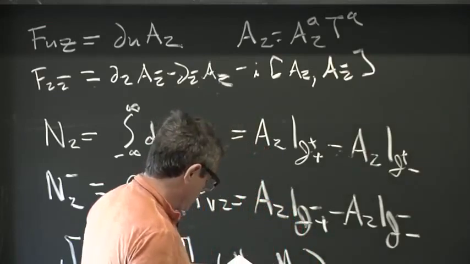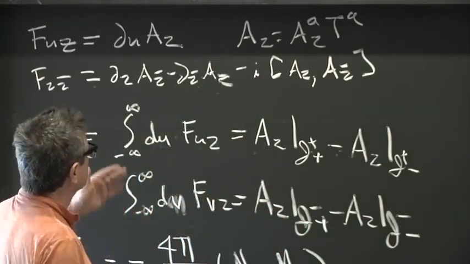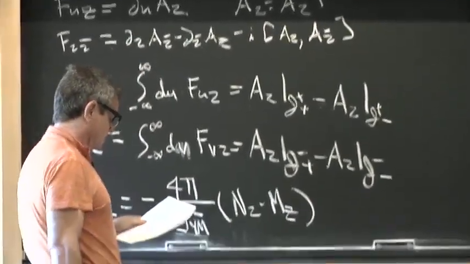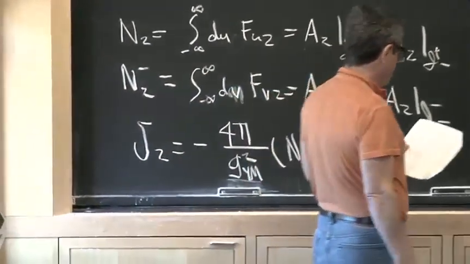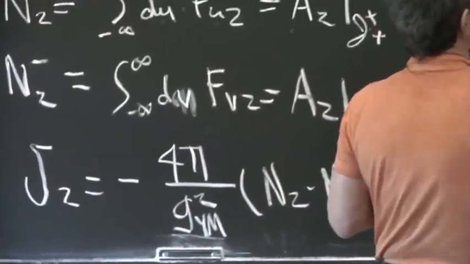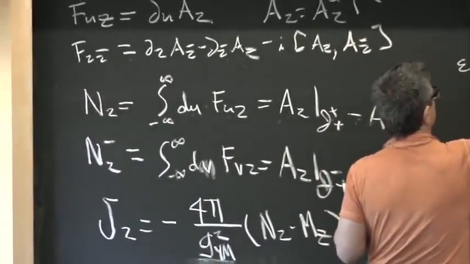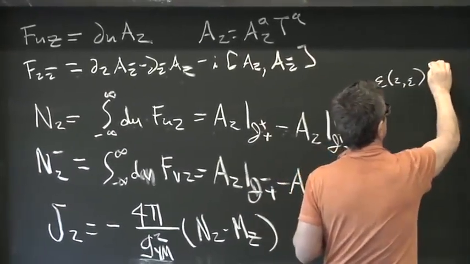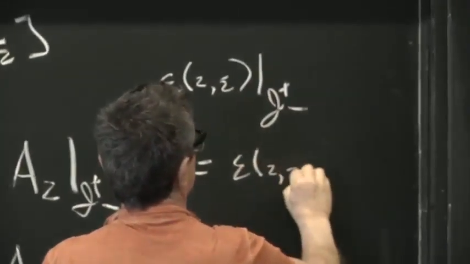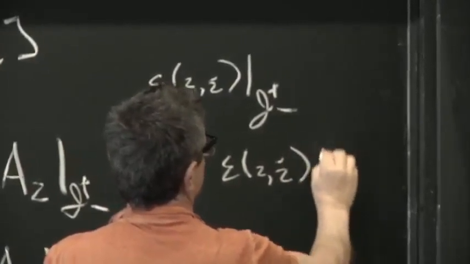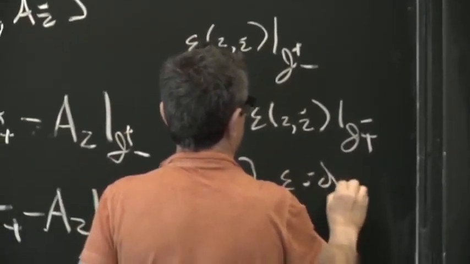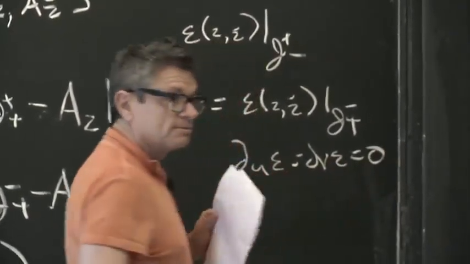Okay, and we also noted that this whole setup with the boundary conditions that we've chosen is invariant under large gauge transformations generated by epsilon of z z̄, with epsilon at scri plus minus equal to epsilon at scri minus plus, and ∂_u epsilon equals ∂_v epsilon equals 0.